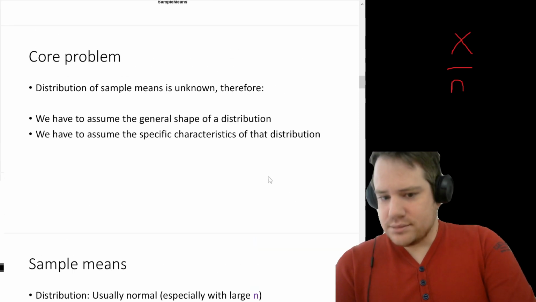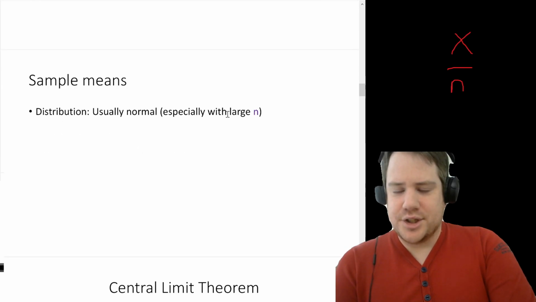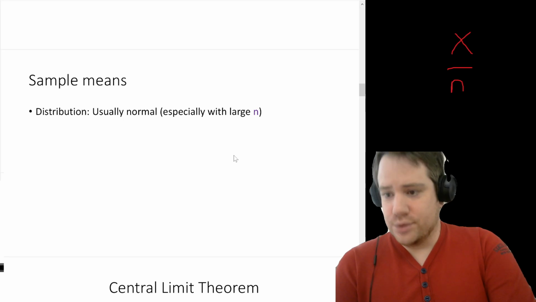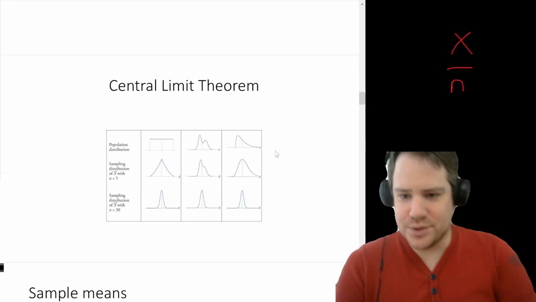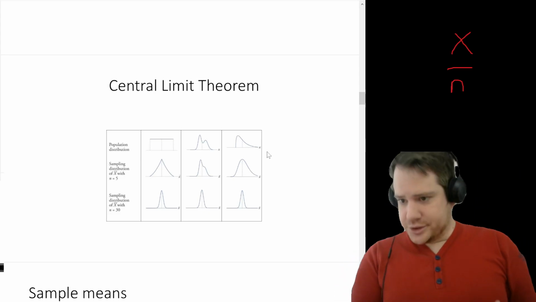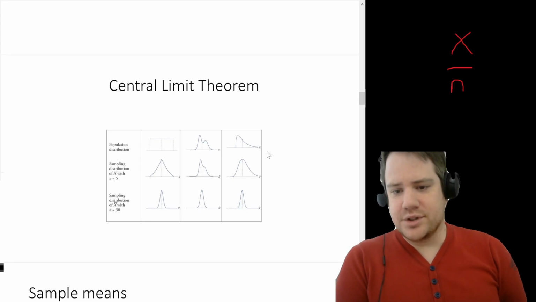So for sample means, the distribution is usually normal. And that's because of the central limit theorem. This was also introduced in statistics 1a, but is still very relevant.